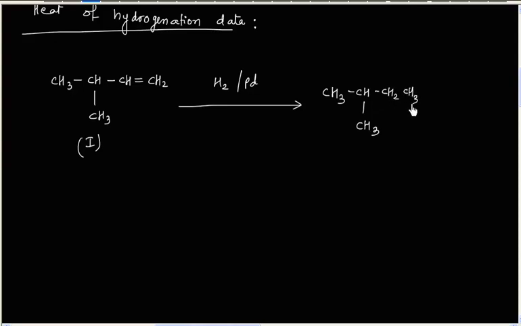And the delta H degree, that is heat of hydrogenation value for this reaction, is minus 30.3 kilocalorie per mole. This value is known from experiment.